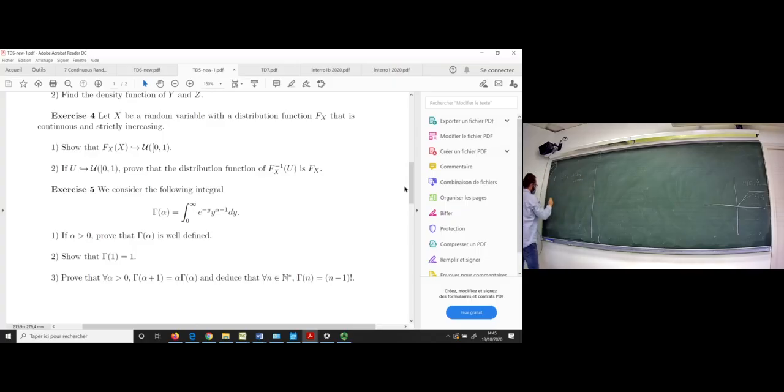And then f is bijective, bijective on its image, of course. So here, if I take the distribution function, I know that I am from R into 0, 1. Okay? What will be my image in this situation here?